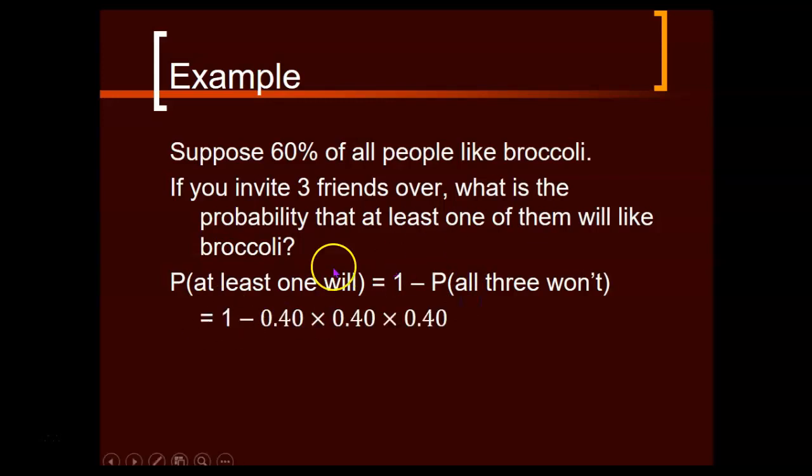So that would be 1 minus, okay, if the probability of liking broccoli is 60%, the probability of not liking broccoli would be 40%. So 1 minus 0.40 times 0.40 times 0.40, and that works out to be 1 minus 0.064, which is 0.936.